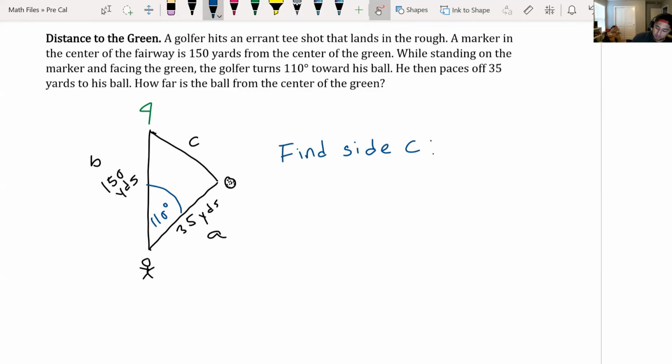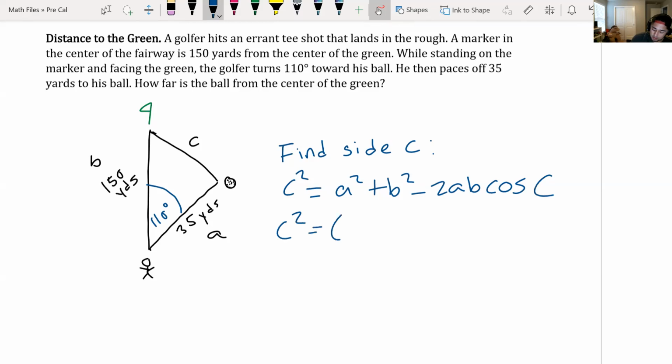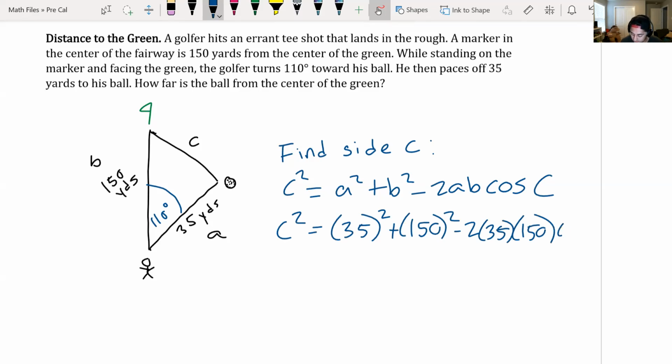Okay, well, given C squared is equal to A squared plus B squared minus 2AB cosine of angle C. Plug in what we know. C squared is 35 squared plus 150 squared minus 2 times 35 times 150 times the cosine of 110.